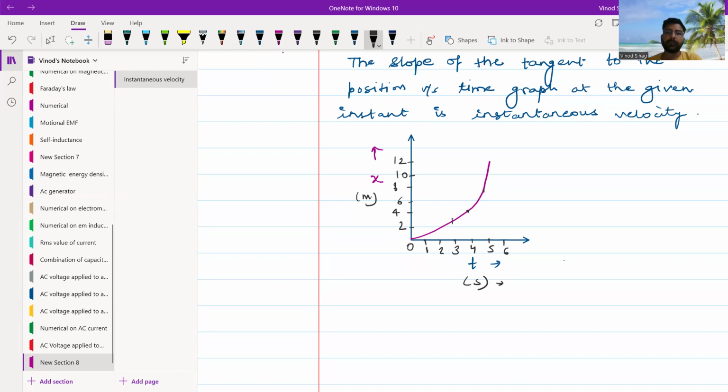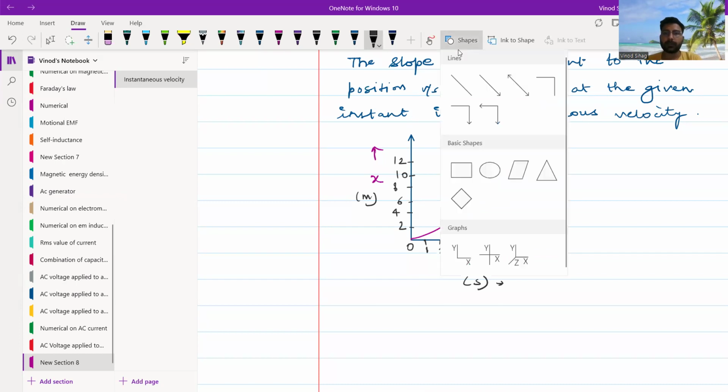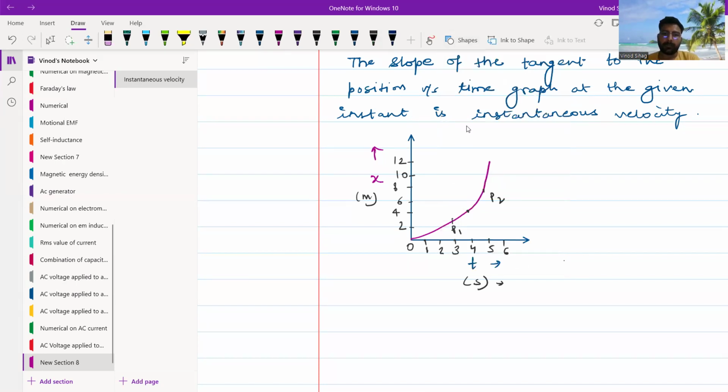Fine. So what we have to do is make the line P1 P2, from P1 to P2. It is not the exact line, let me draw it again.